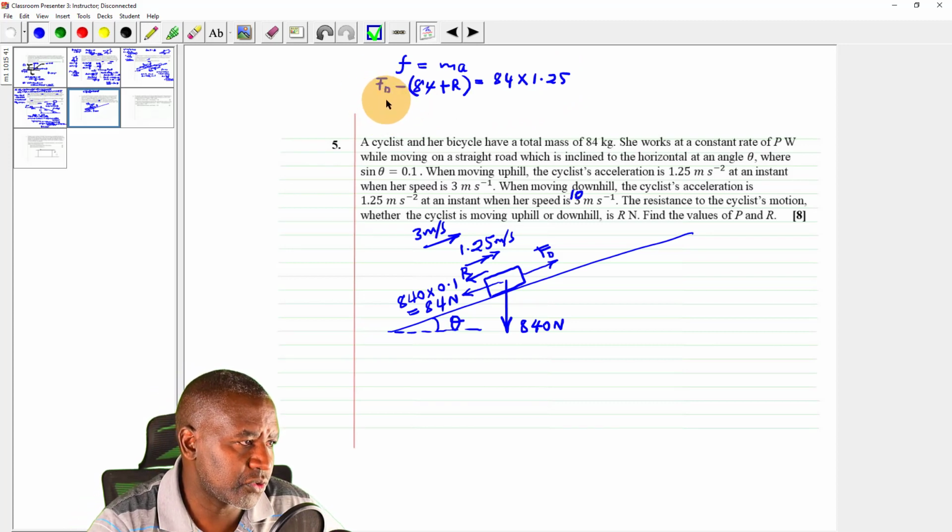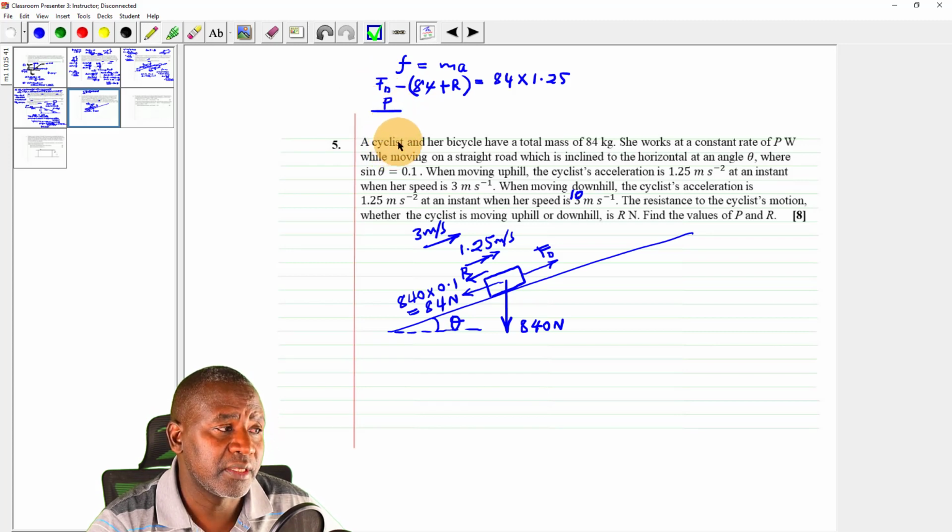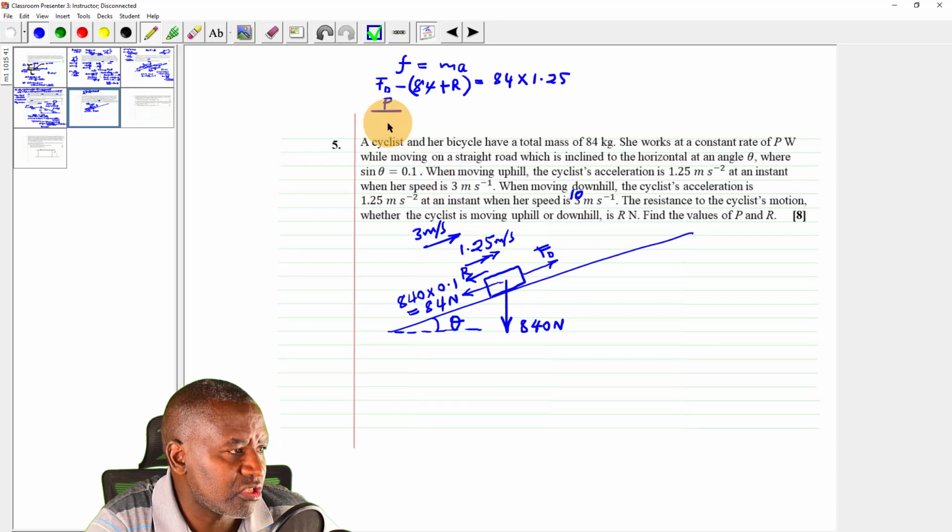This one will be the driving force. The driving force is power divided by the speed she has at that point. Power divided by the speed, which is 3 when moving up the hill.